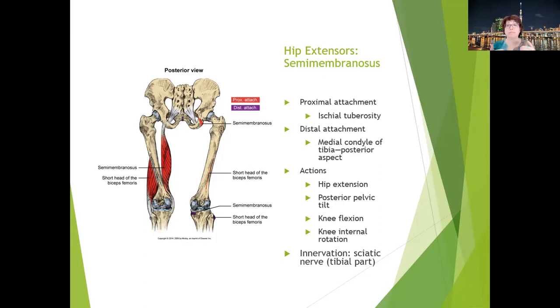It runs posterior to the medial lateral axis, so it has a line of pull for extension. It also works in the group on posterior pelvic tilt. It crosses the knee posteriorly, and so it has a line of pull for knee flexion, and it's on the medial side, so it has a line of pull for internal knee rotation. It's also innervated by the tibial part of the sciatic nerve, just like the other hamstrings.